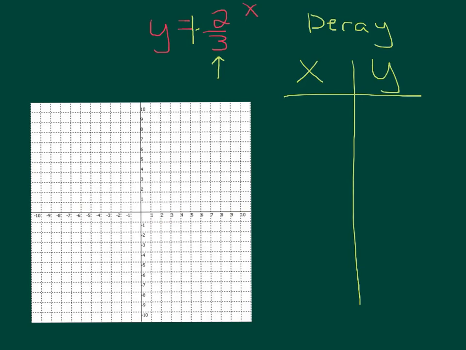Alright, so XY table, I'm going to choose -3, -2, -1, and then let's get just 0 and then 1 and see where that gets us.